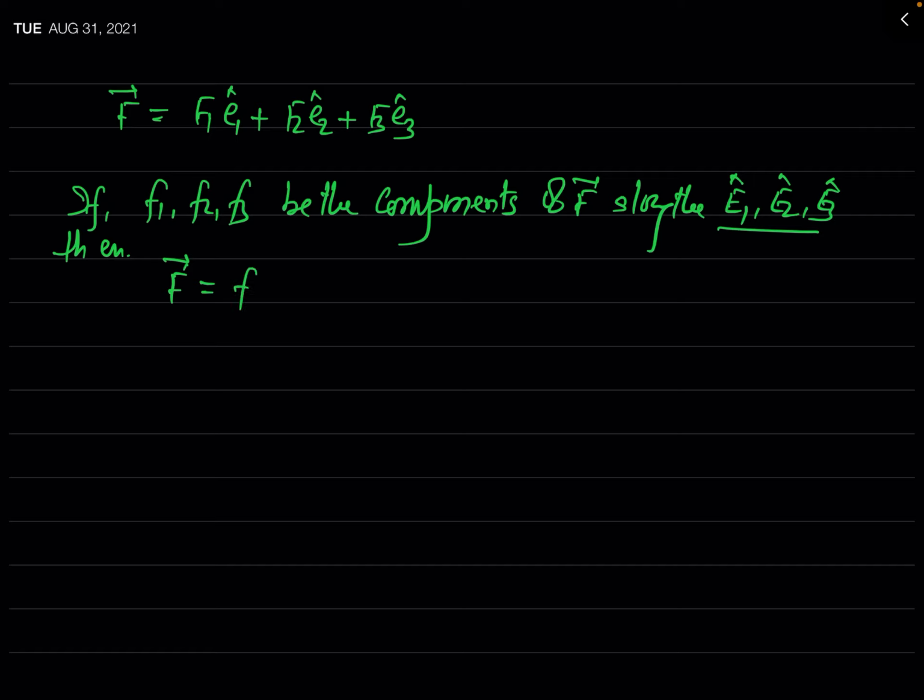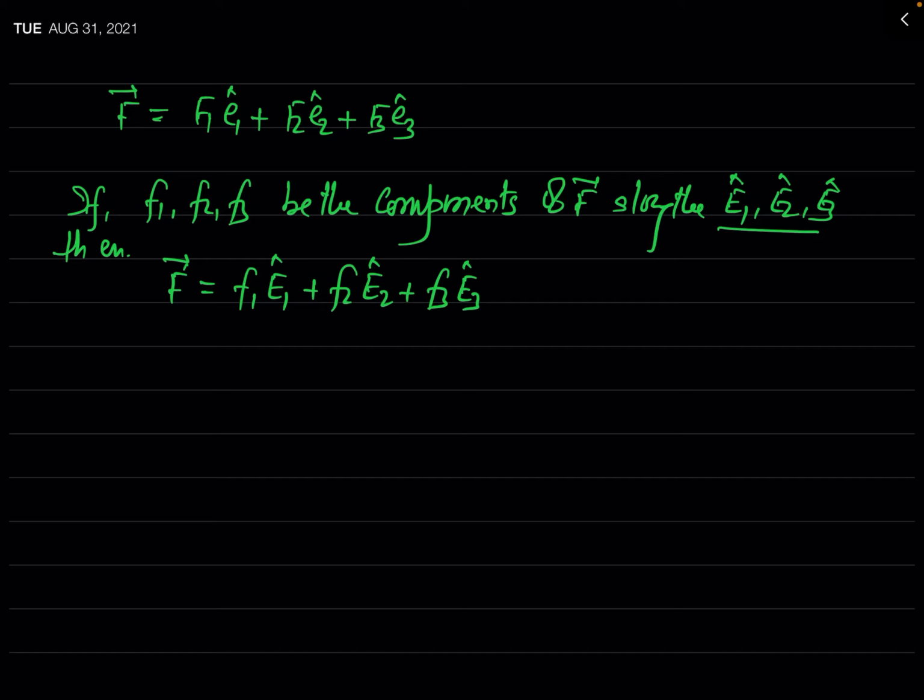That is, this will be written as f1 e1 hat plus f2 e2 hat plus f3 e3 hat. So here you can say that this capital F1, F2, F3 and small f1, f2, f3 are actually the components of vector f in the two systems.